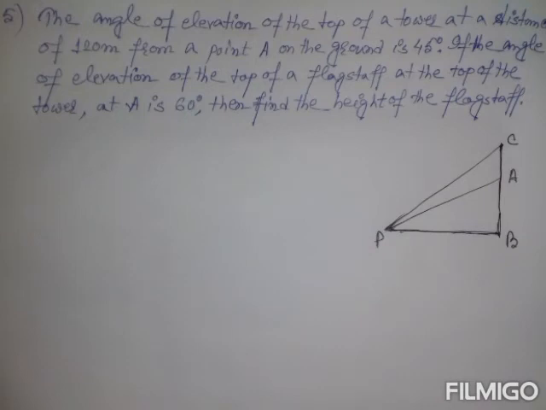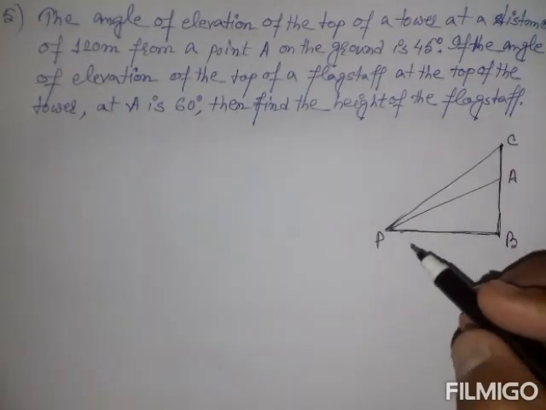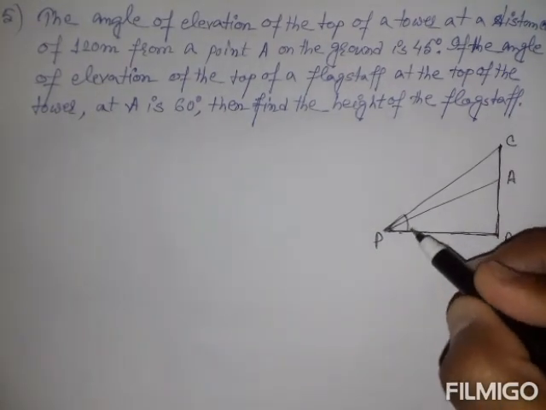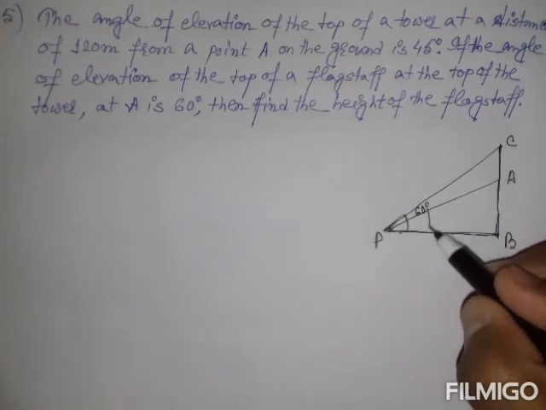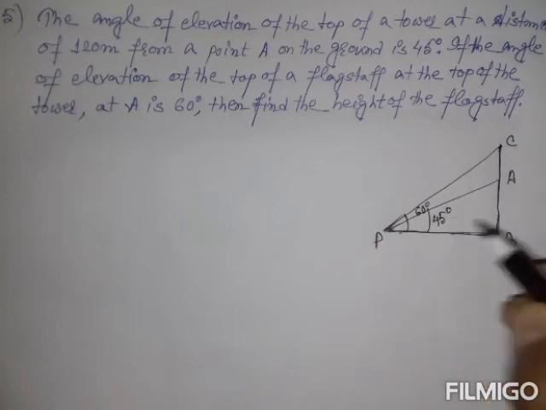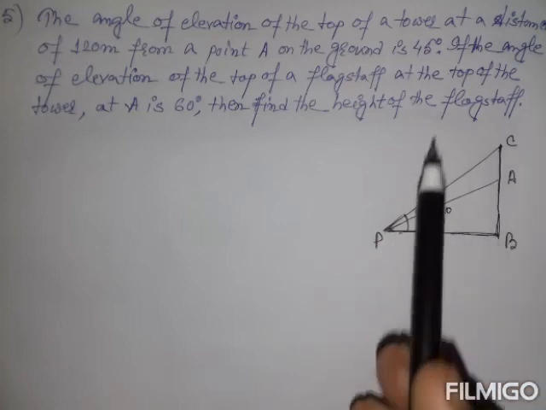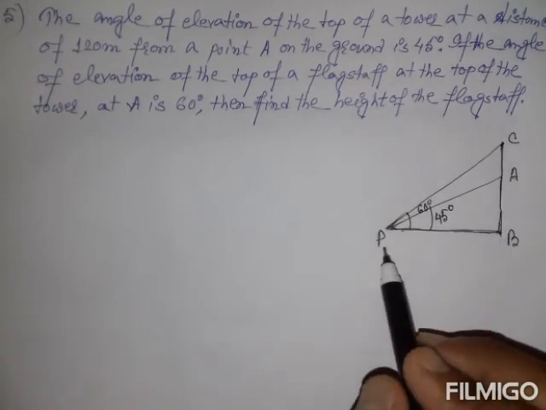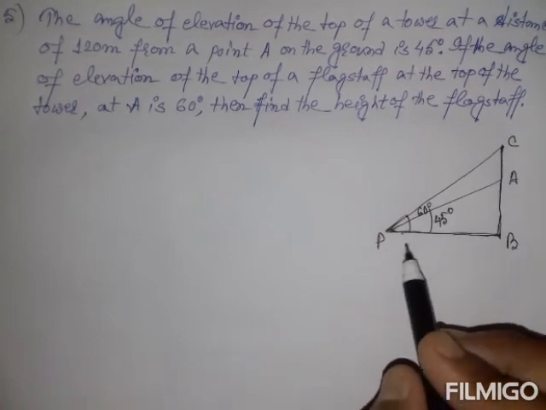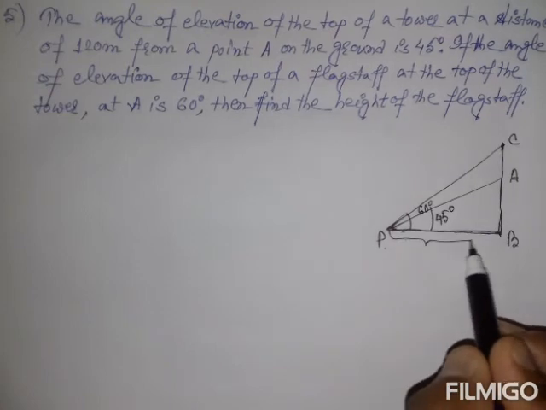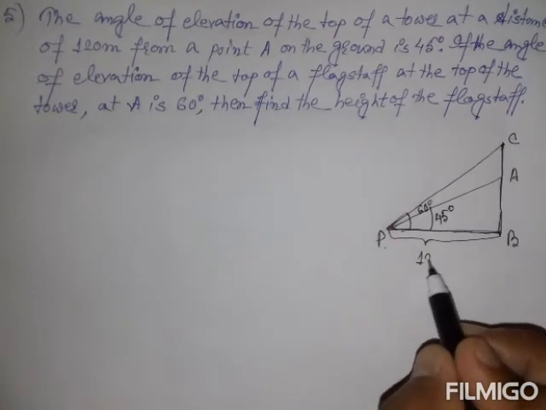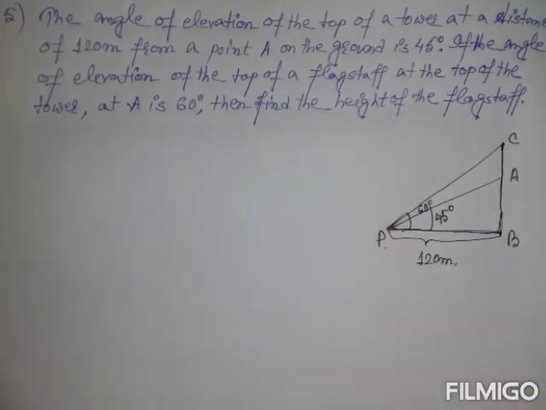Okay, now the angle is 60 degree. This is 60 degree and this is 45 degree, and the distance between the tower and the point A is 120, means this is 120 meter.